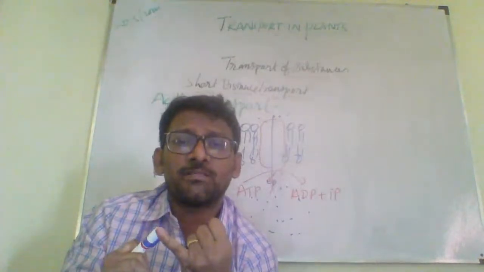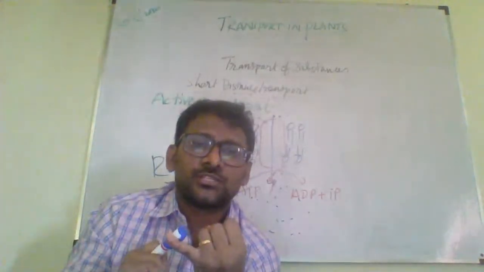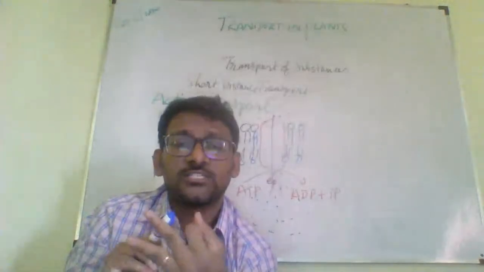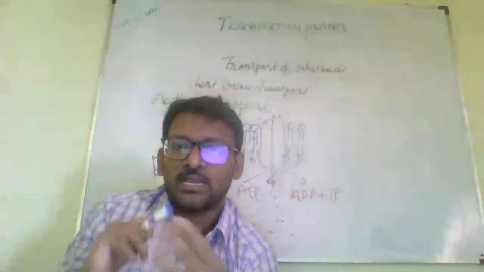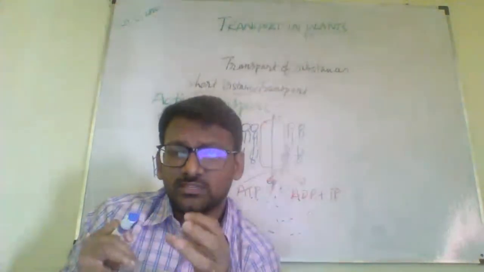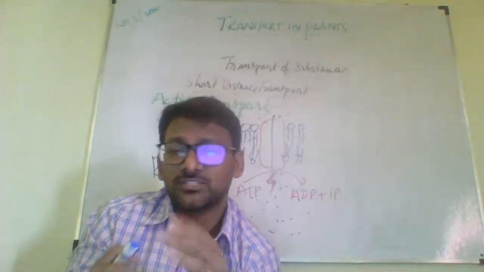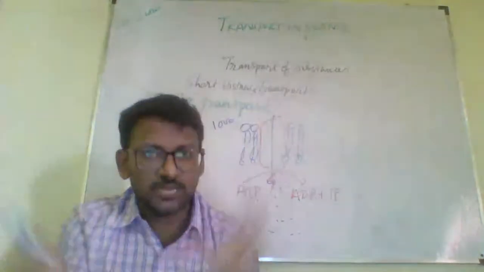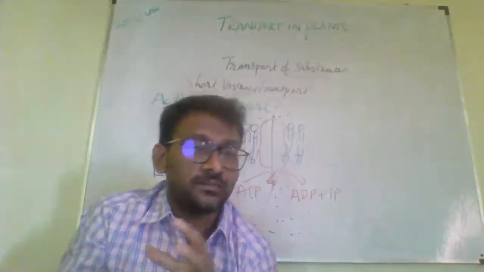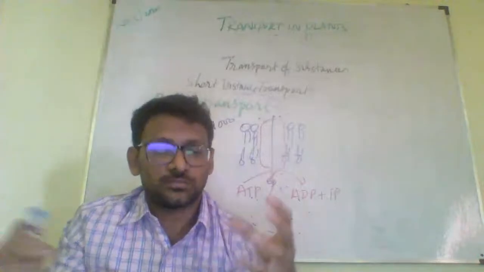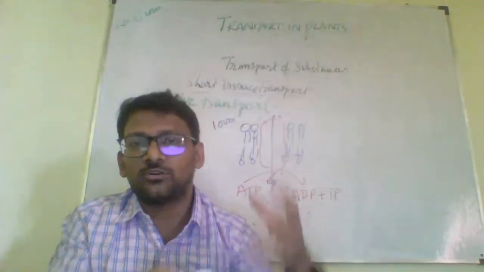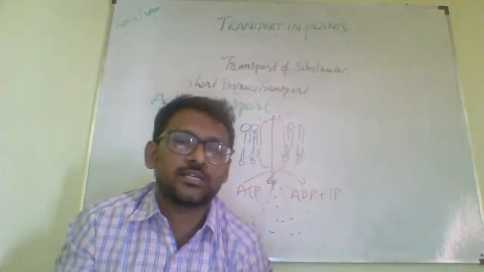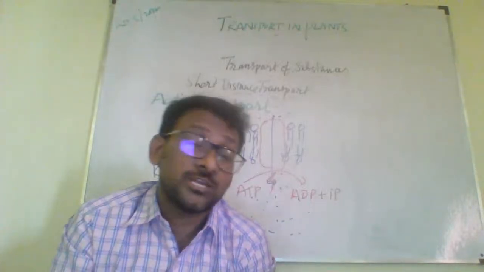Like it maintains the temperature in the plant tissues, it affects transpiration, seed germination, and respiration, and it acts as a reactant in some chemical and metabolic reactions. It also maintains the turgidity and shape of the cell and the plant. Because of the turgidity only, you will have a certain constant shape in the plants.